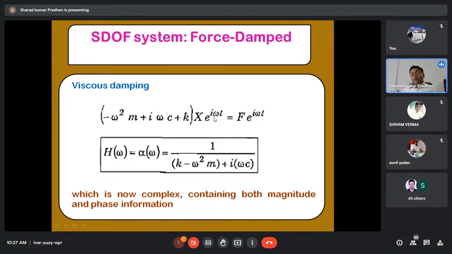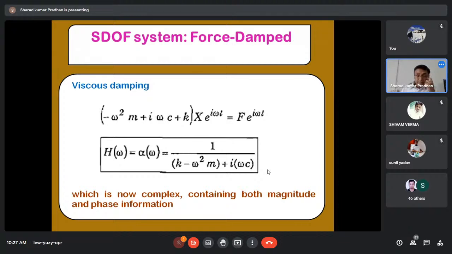Omega is representing frequency. And if I take the ratio of these two items, I am going to get this expression. This expression is the FRF, frequency response function, for a single degree of freedom system damped with viscous damping.